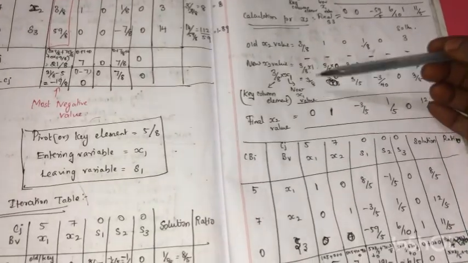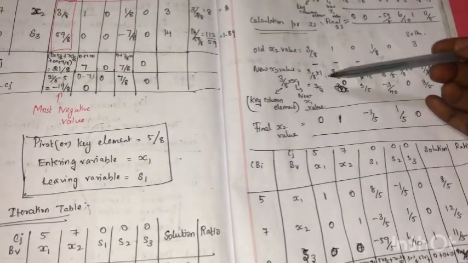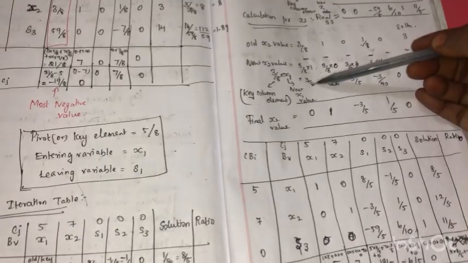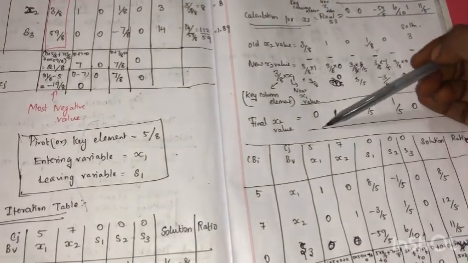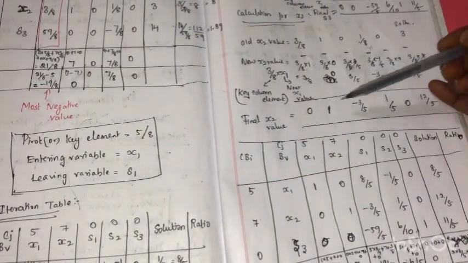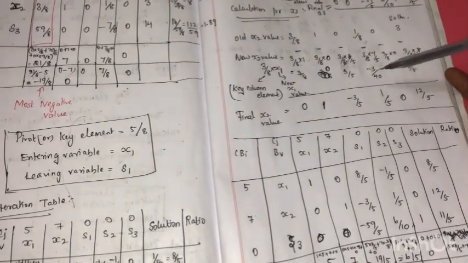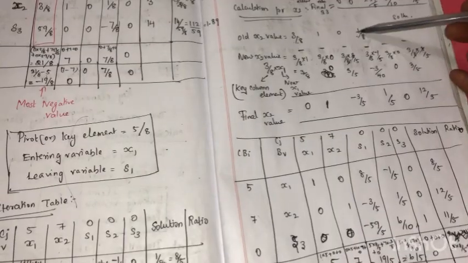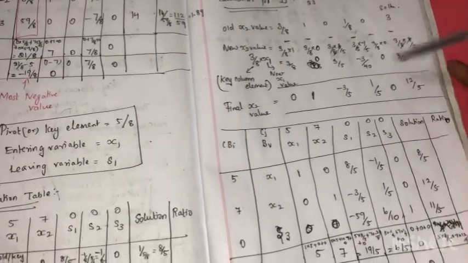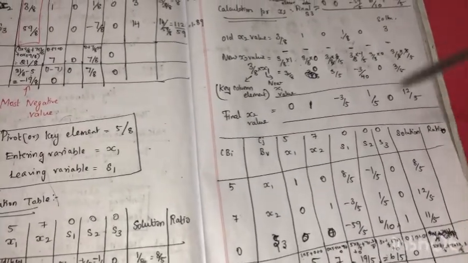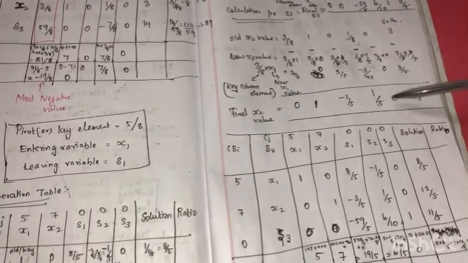You subtract these from your old x2 value. So 3 by 8 minus 3 by 8 is 0. 1 minus 0 is 1. 0 minus 3 by 5 is minus 3 by 5. 1 minus minus 3 by 40, after simplifying, we got 1 by 5. Then 0. Then 12 by 5. So this is our new x2 value.